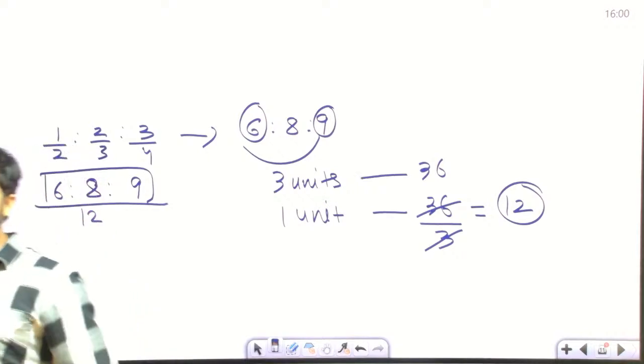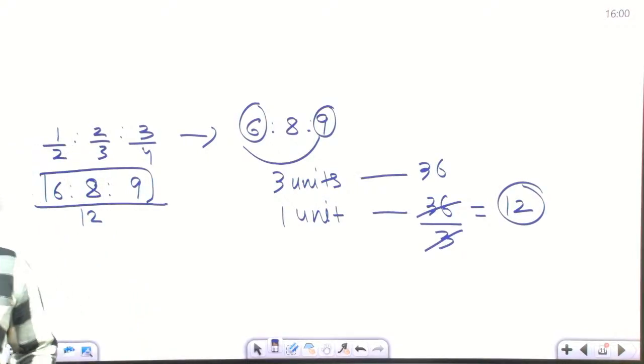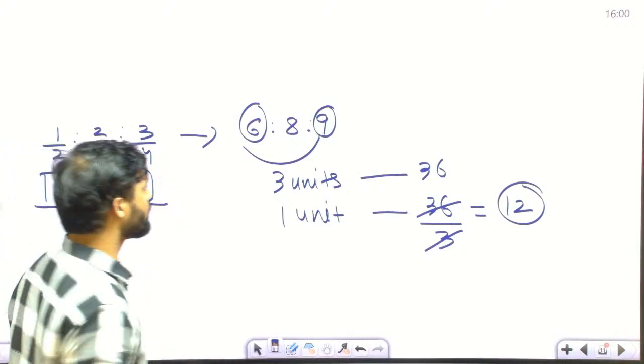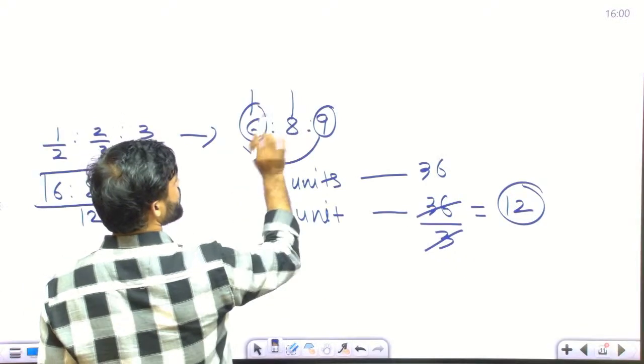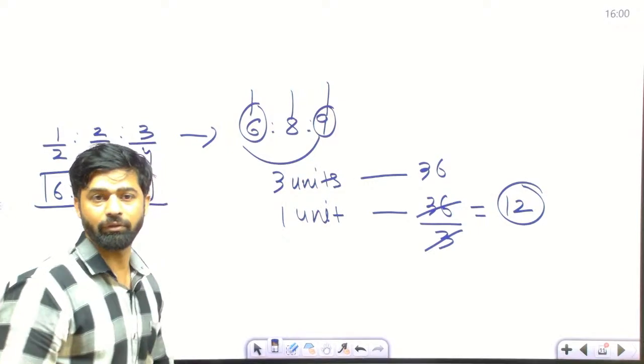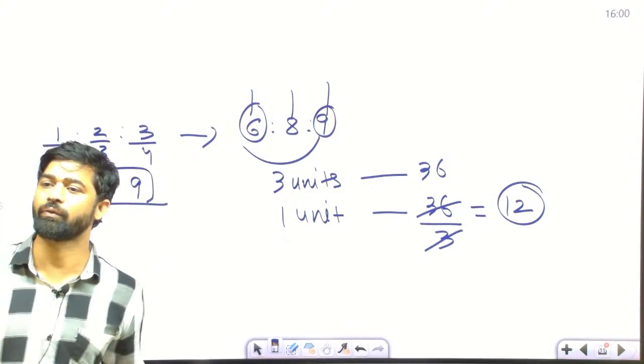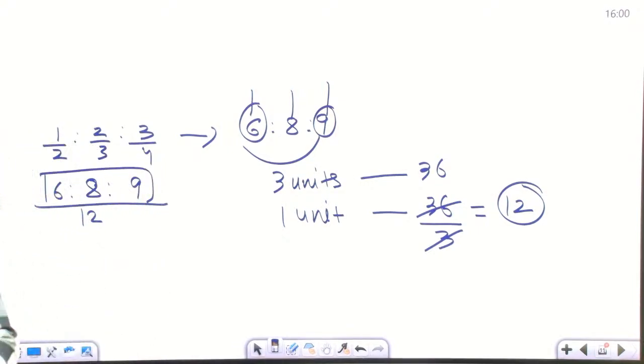And now we have to find out the numbers, every number. So the first number will be 12 into 6 and the second number is 12 into 8 and third number will be 12 into 9. Because for first number we need 6 units value, for second we need 8 units value and for third we need 9 units value.